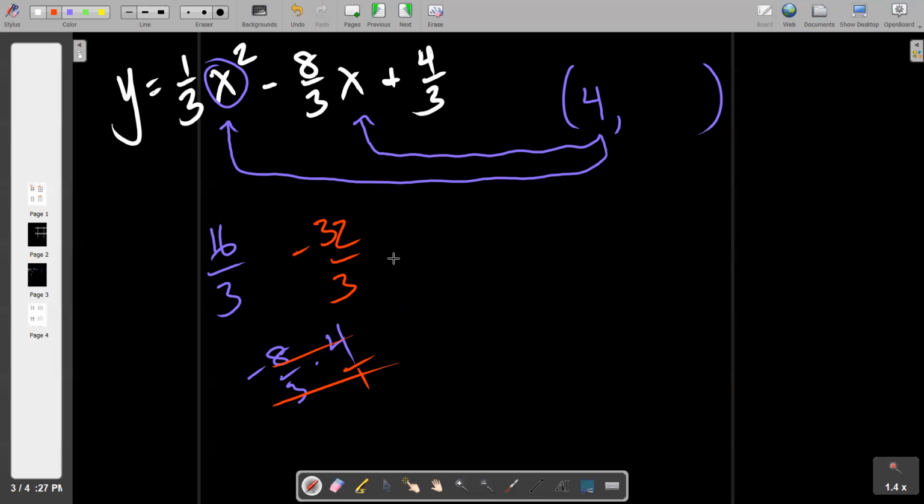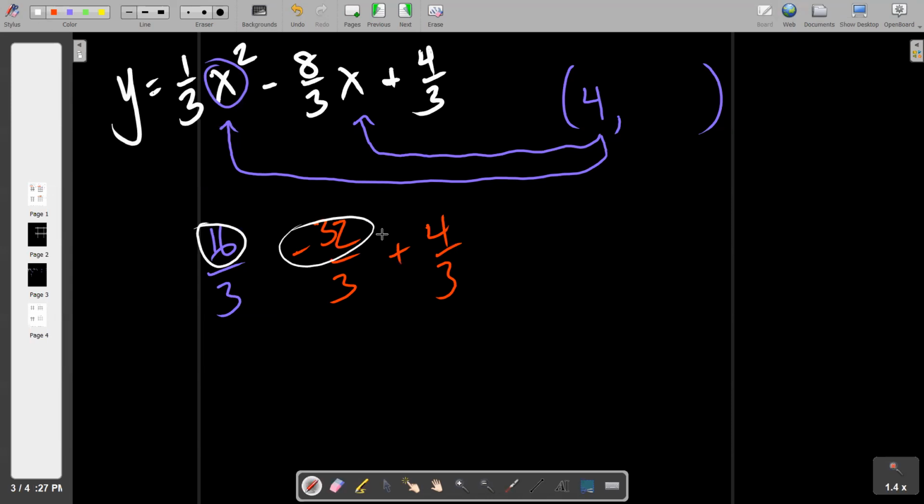And then I got to add 4 thirds. We still good? Now, at this point, we're really hoping that things come out nicely. If I add all these fractions together, which of course I can because the bottoms are all the same, I go 16 minus 32 plus 4. What's 16 minus 32?